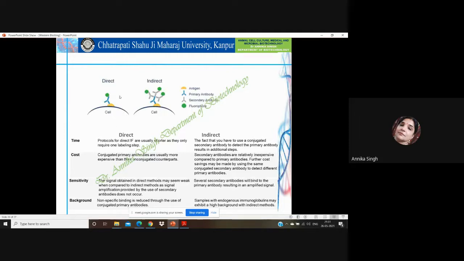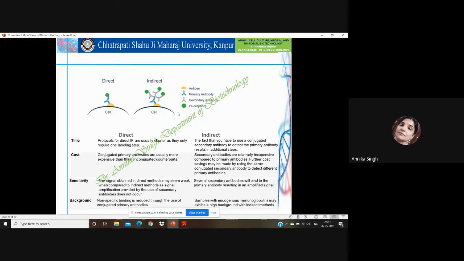You can see that in direct immunofluorescence assay, the antibody which is targeted against a specific antigen remains labeled with a fluorophore. While in indirect assay, the secondary antibodies remain conjugated with fluorophore, and these secondary antibodies recognize the Fc region of the primary antibody.